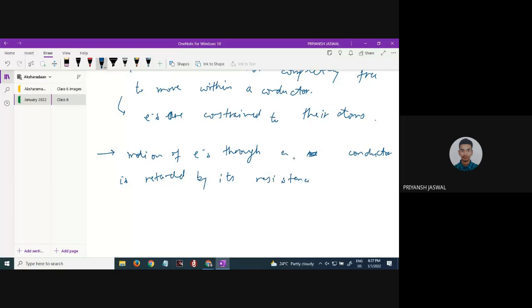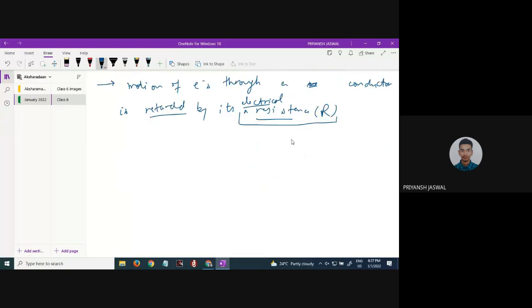It's a very simple statement. Retarded means opposed by the electrical resistance. Electrical resistance means it resists the electricity, that is, the current or the flow of charges.